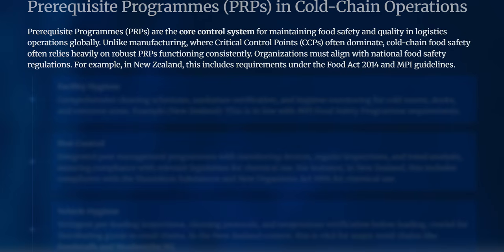So we must not mix that up and try to apply CCPs here. Importantly, it is about stronger PRPs. So organizations must align with national food safety regulations again. That's very important. You must review and adhere to national regulations. For example, in New Zealand, this includes requirements under the Food Act of 2014 and MPI guidelines.